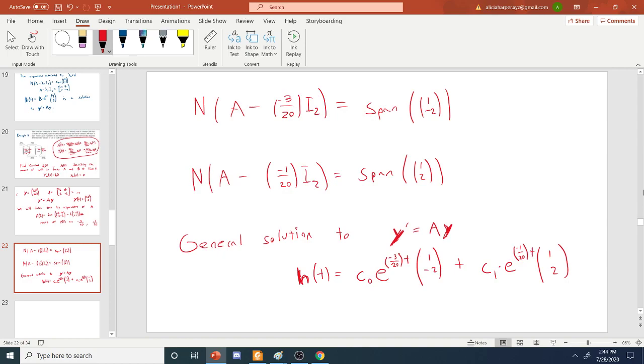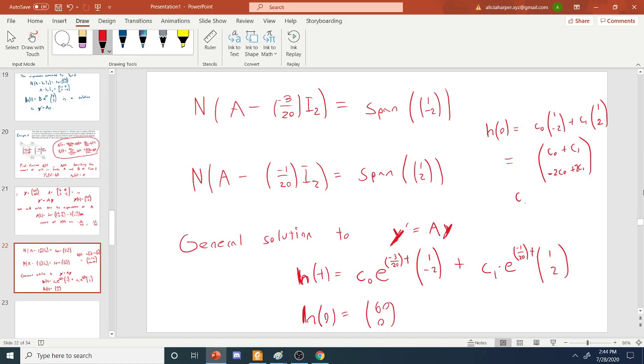But what we need also is we need not just the general solution, we need that h of 0 is equal to 60 and 0. So let's note here that abstractly, if we evaluate this at 0, we get c naught times the vector 1, negative 2 plus c1 times the vector 1, positive 2, which is the same as c naught plus c1 in the first component, negative 2 c naught plus c1 times 2 in the second component.